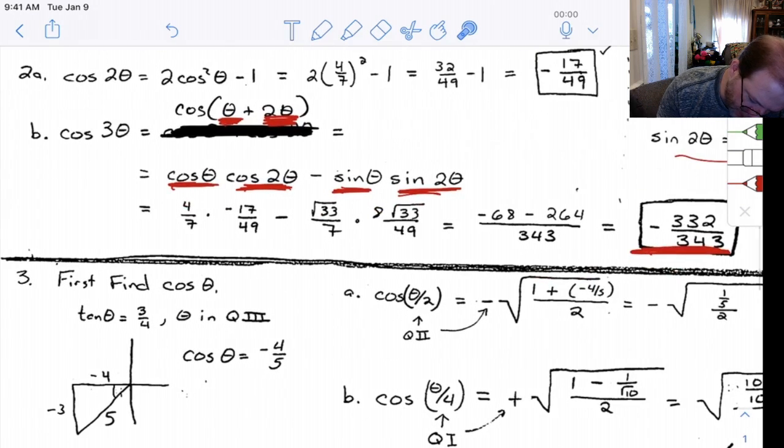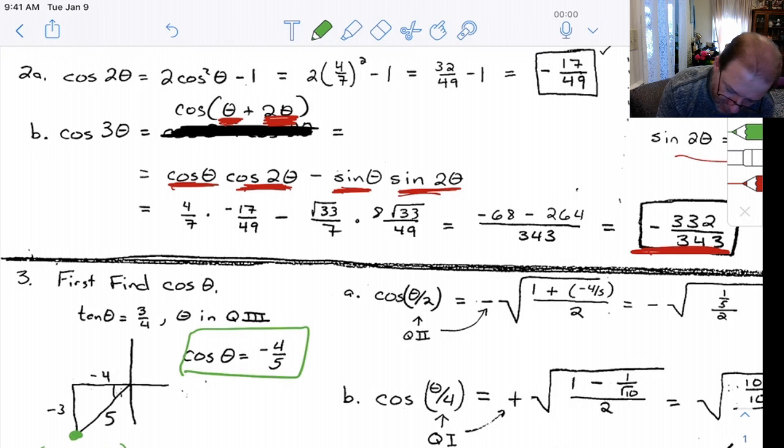I'm going to draw it in down here in quadrant 3. The opposite over adjacent is going to be 3 over 4, but both of those are negative because you're in quadrant 3. And the coordinate of this point down here is negative 4, negative 3.